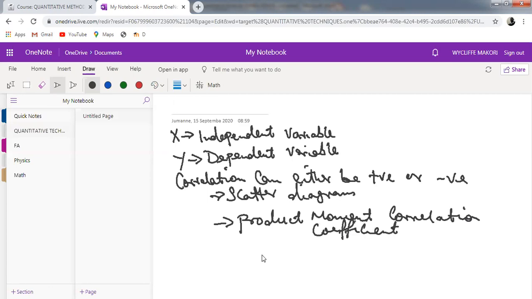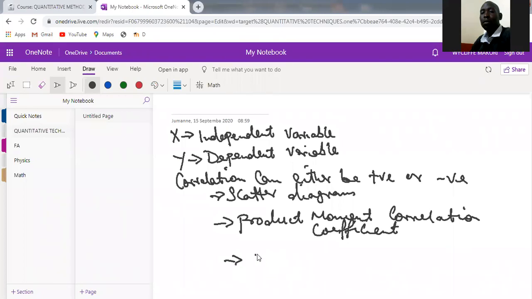And we have the third one, which is known as the rank correlation coefficient. So we have those three approaches that we can use to measure the correlation.